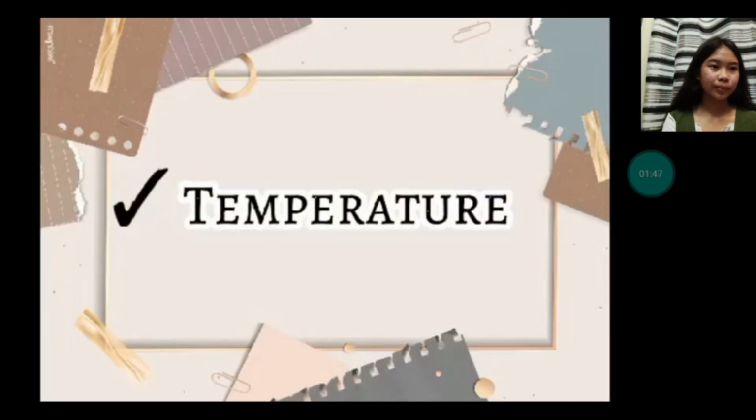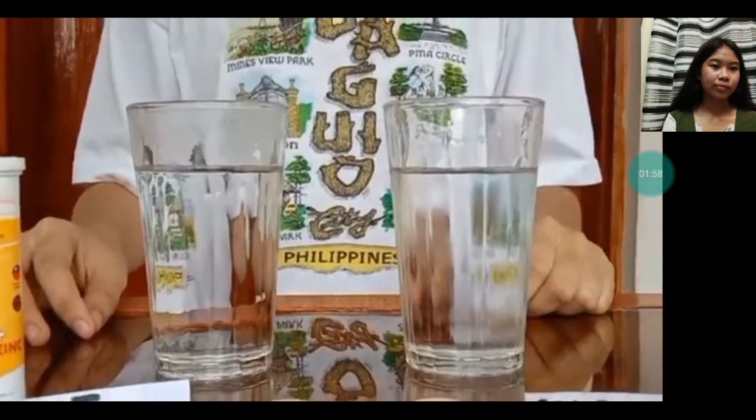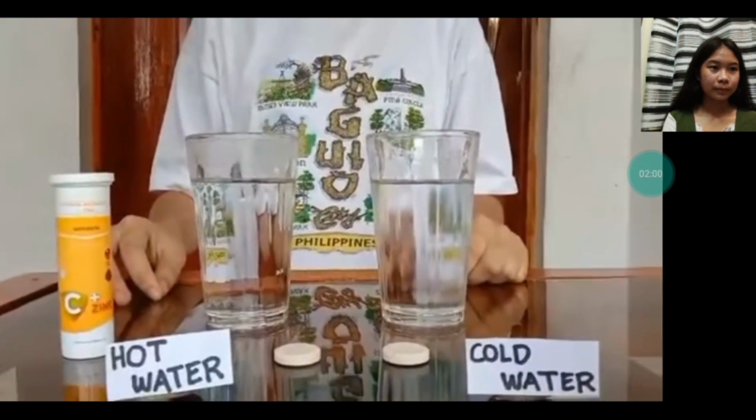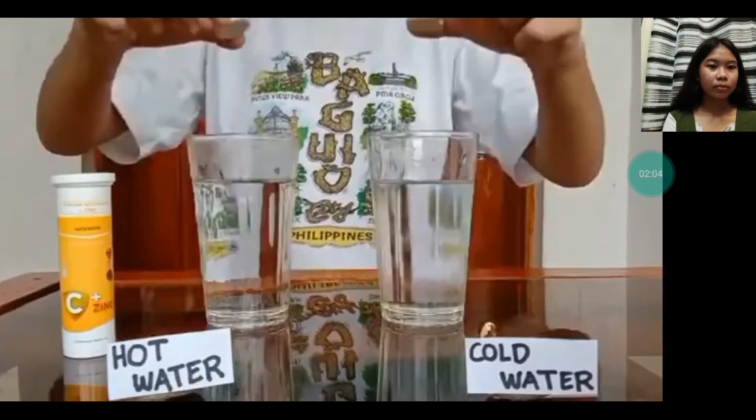In this experiment, we will show you how temperature affects the rate of chemical reaction. So here we have two clear glasses, one with cold water and one with hot water, and two effervescent vitamin C tablets.